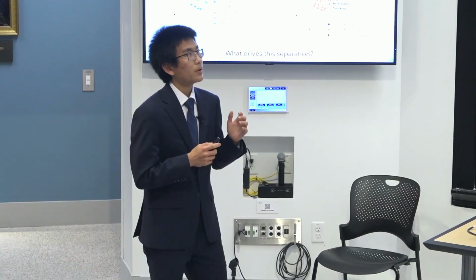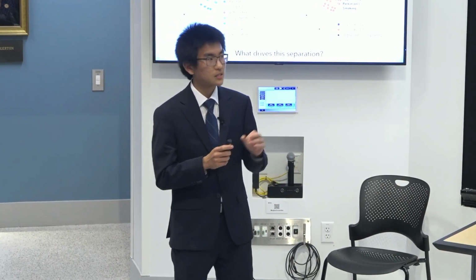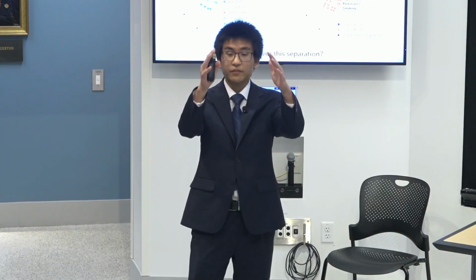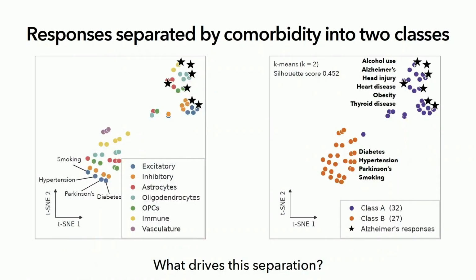Can you explain how you actually end up with a class A point that is closer to class B, and why class A is so spread? So one limitation of this embedding method is that we take very high dimensional information and compress it into a lower dimensional representation.